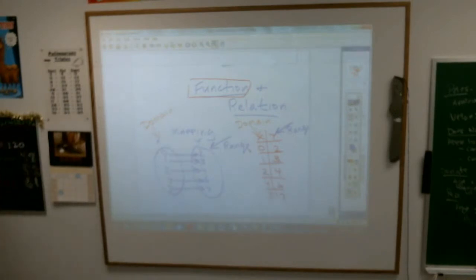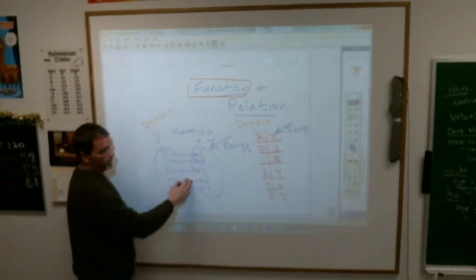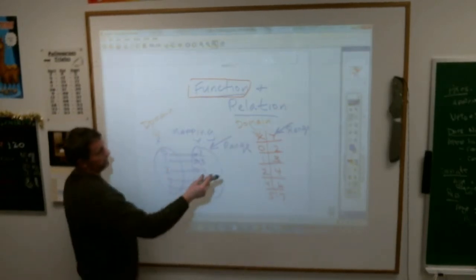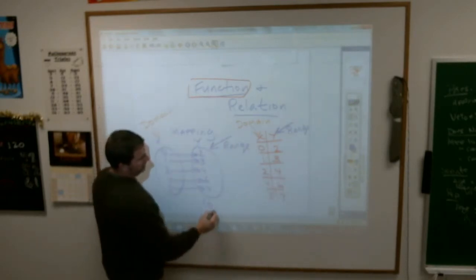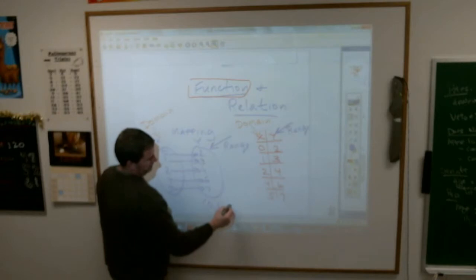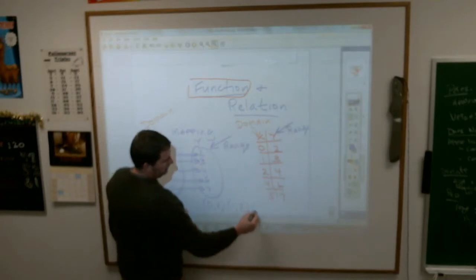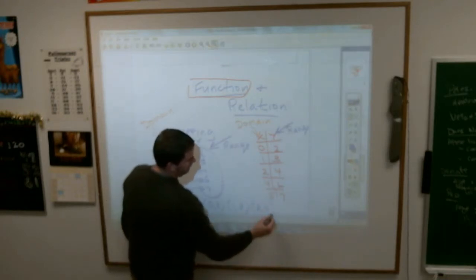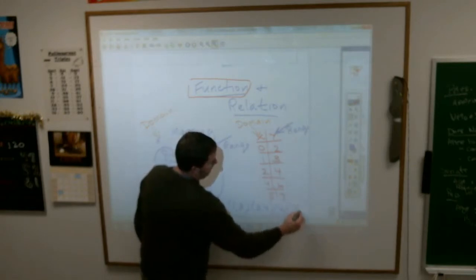Now a third way that you can show this whole relationship is by using ordered pairs. In other words, I can do this whole thing by doing this: 0, 2, and then 1, 3, and 2, 4, and 4, 6, and 5, 7.